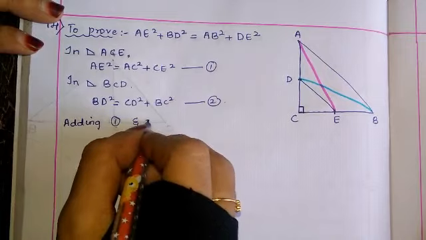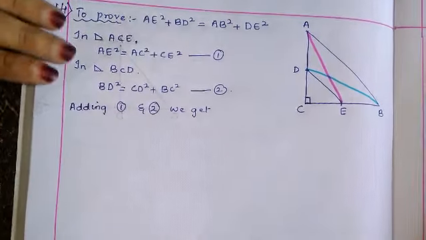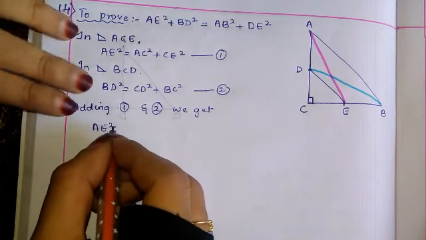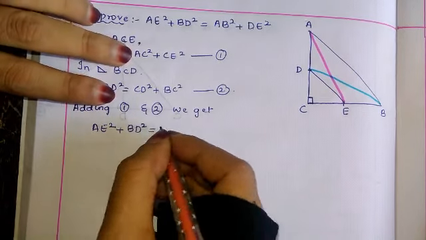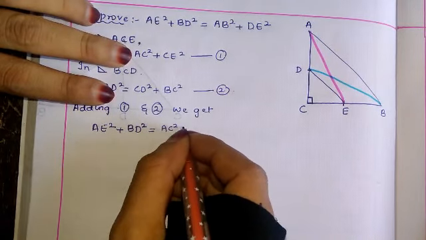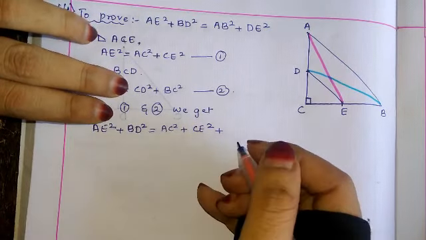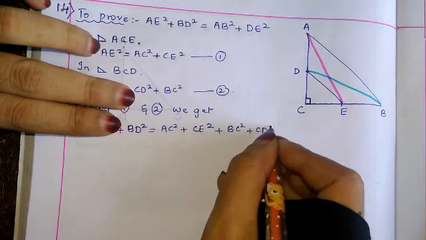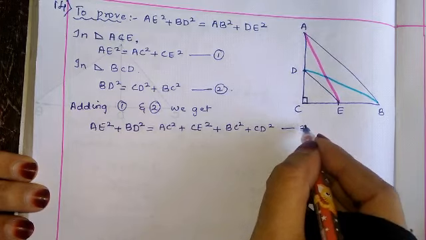Adding 1 and 2 we get AE square plus BD square is equal to AC square plus CE square plus BC square plus CD square. I'll consider this as equation 3.